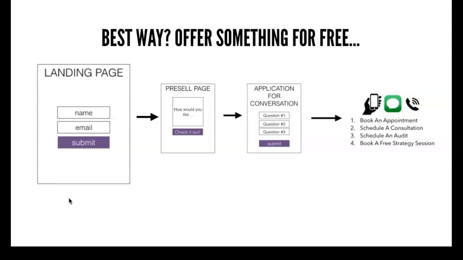And the best way, if you look at some of the biggest companies in the world, they typically offer you something for free. They offer you a very simple offer, or maybe an ethical bribe, if you will, right? They offer you something for free in exchange for your contact information. And that could be a PDF, that could be a video series, that could be an ebook.